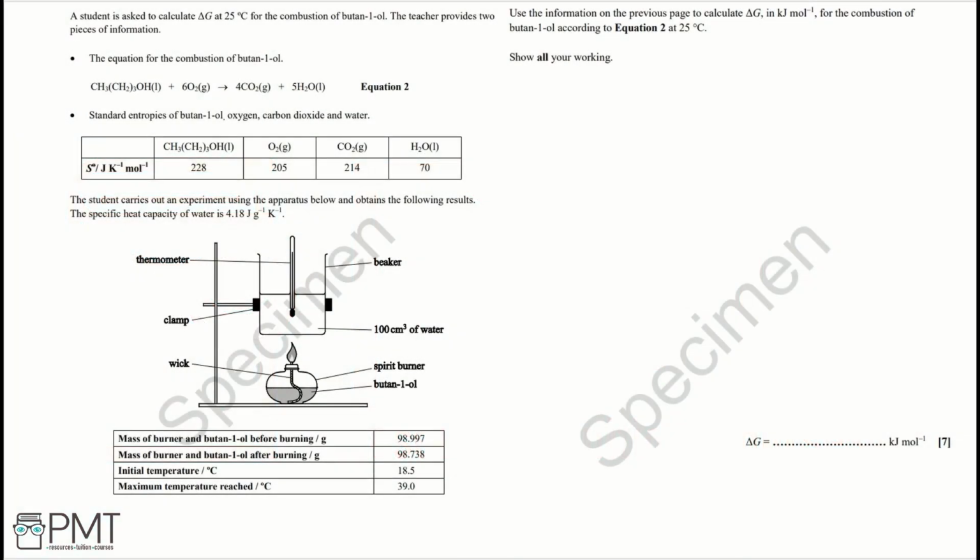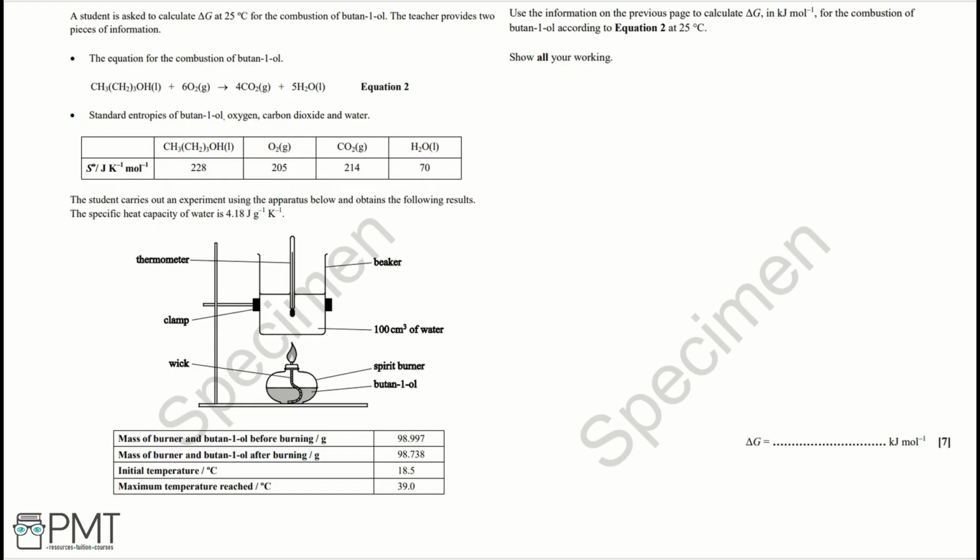A student is asked to calculate delta H at 25 degrees Celsius for the combustion of butan-1-ol. The teacher provides 2 pieces of information: the equation for the combustion of butan-1-ol, and standard entropies of butan-1-ol, oxygen, carbon dioxide and water.